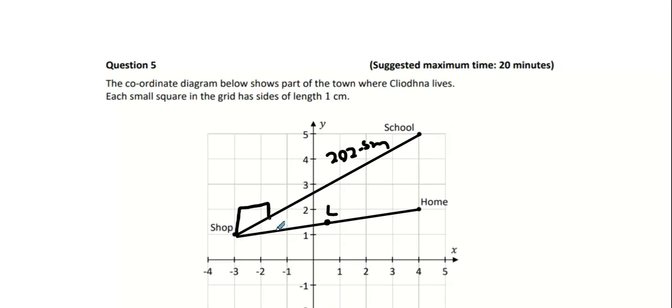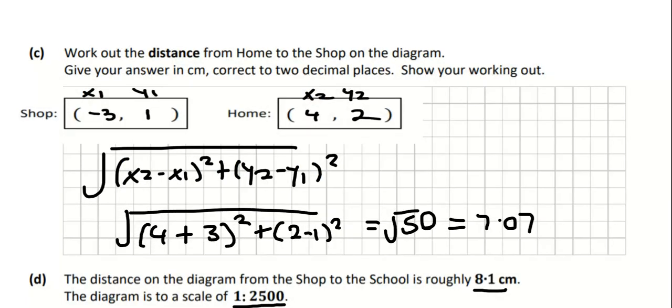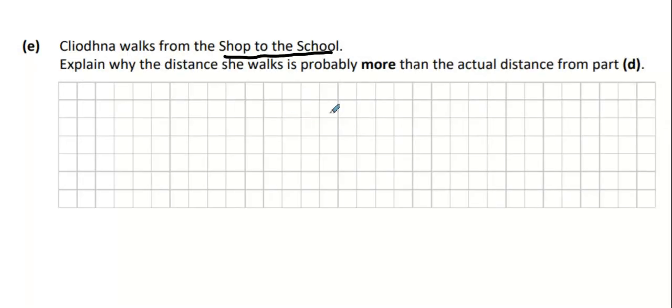Usually you have roads and obstacles to go by when you're traveling from one place to another. So you're not going to go in a perfectly straight line. This is why you're going to end up completing a bigger distance in real life. Okay, that's the answer to that question. You can write that down.